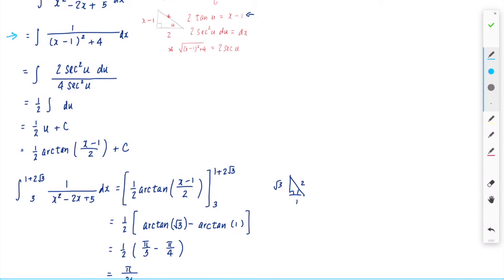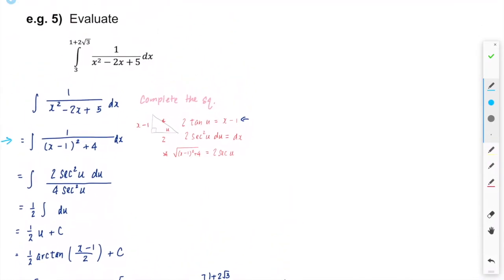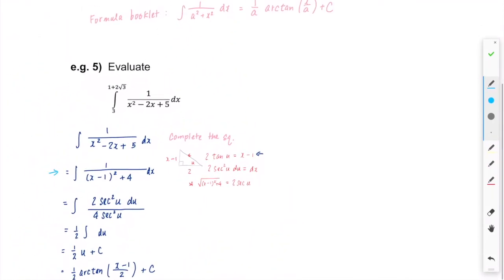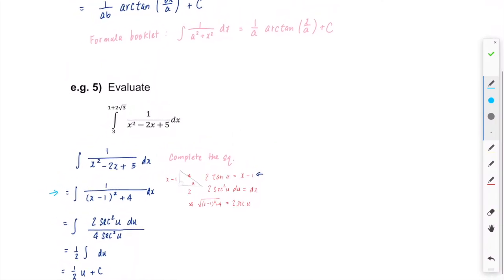And then according to the formula, if you go back up a little bit, it says the integral of 1 over a squared plus x squared is 1 over a arctan x over a plus c.